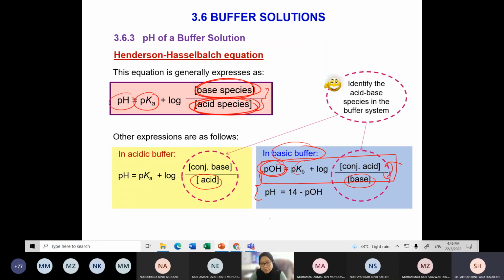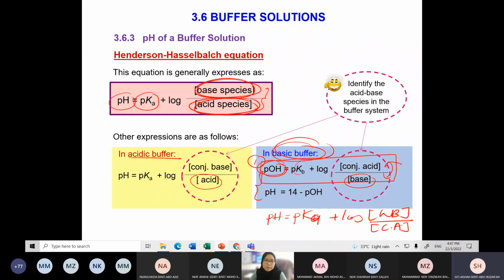So maybe I can put in here the pH alternative, this is step number 1. The alternative should be pKa plus log weak base over conjugate acid. This is for the basic buffer.